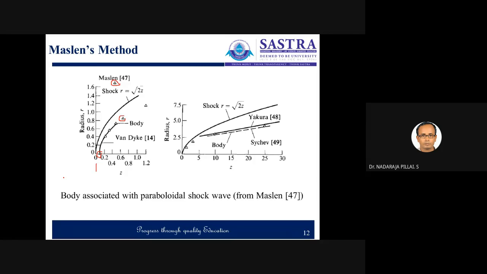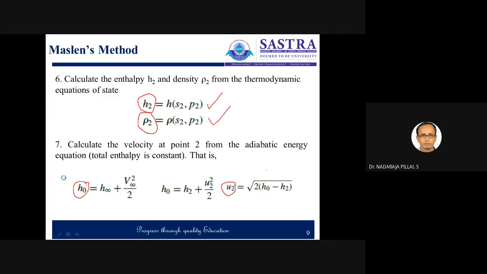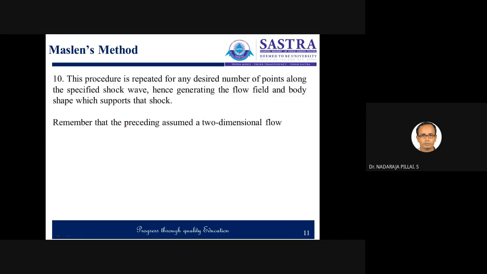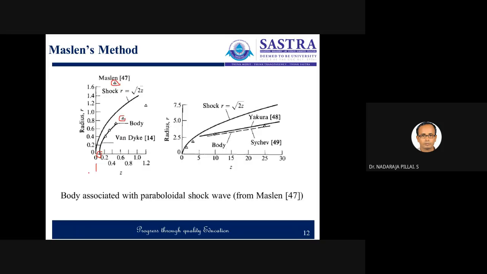Basically, the shock wave is assumed and the body is calculated. The steps by Maslen were discussed in today's class, and the results for a paraboloidal shock calculated by Maslen are compared and shown here.